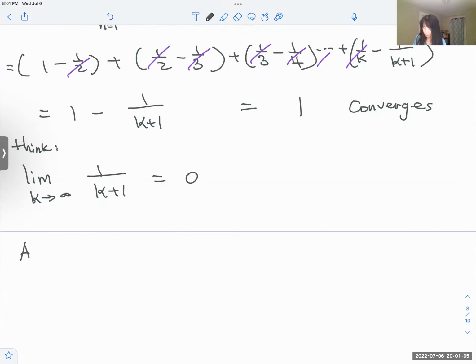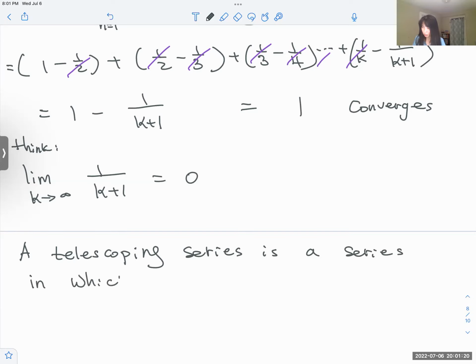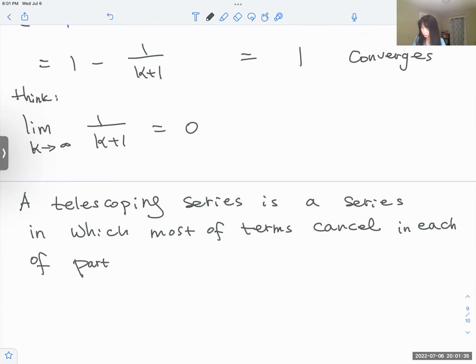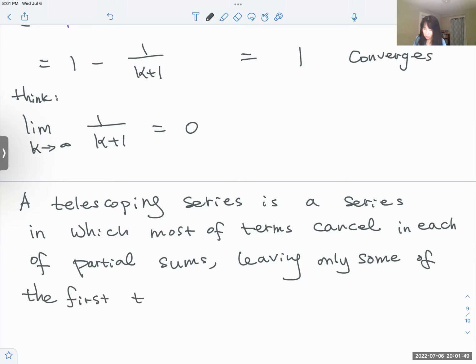A telescoping series is a series in which most of the terms cancel in each of the partial sums, leaving only the sum of the first terms and the sum of the last terms.